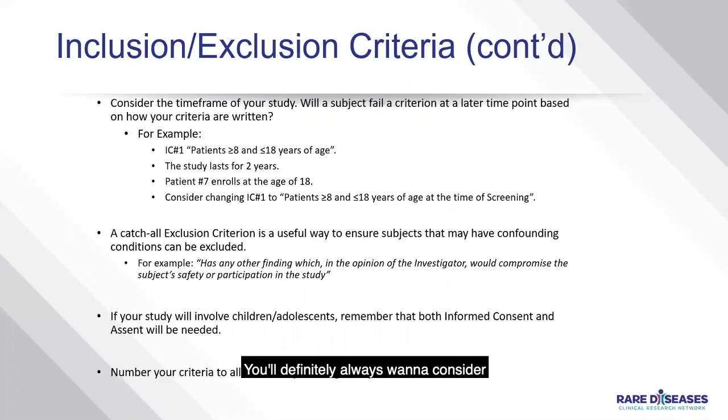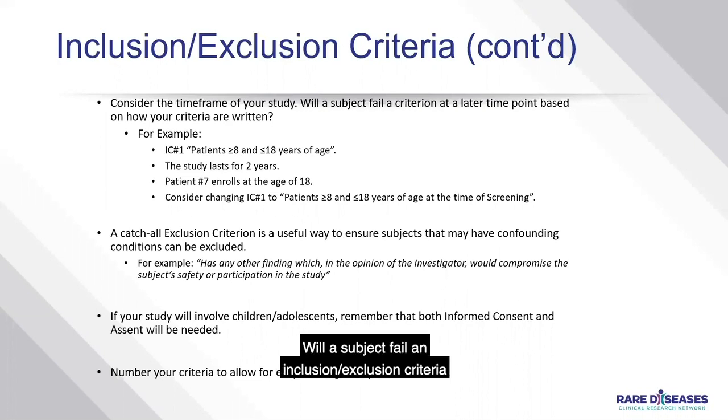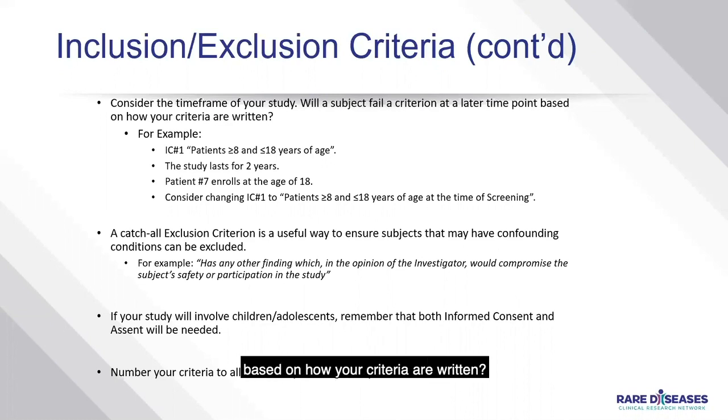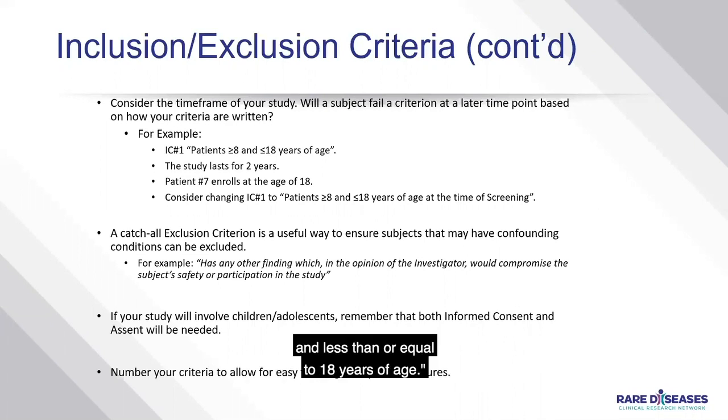You'll definitely always want to consider the time frame of your study. Will a subject fail an inclusion-exclusion criterion at a later time point based on how your criteria are written? For example, we have here patients greater than or equal to 8 and less than or equal to 18 years of age. Well, let's say this study lasts for 2 years and patient number 7 enrolls at the age of 18.